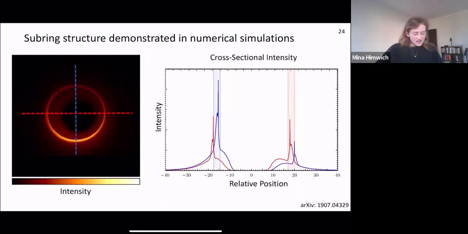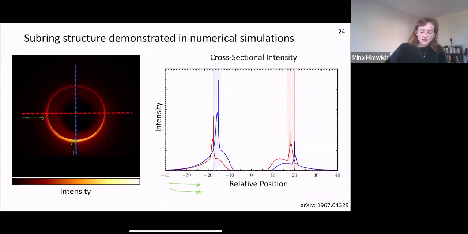But in the simulation, we can look at the intensity along different cross sections of this image that I showed before. So this plot on the right is showing the cross-sectional intensity as we move up along the blue line. That's left to right on this picture. And as we move from left to right on the red line, it's shown in red on this picture.